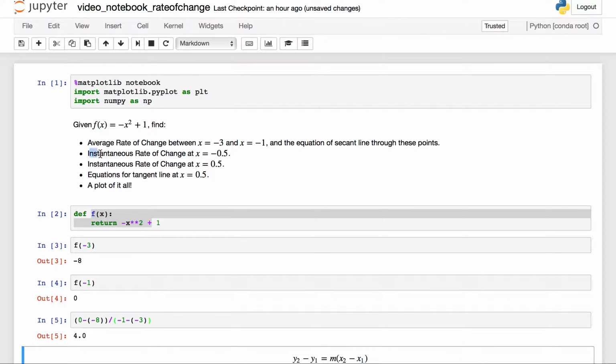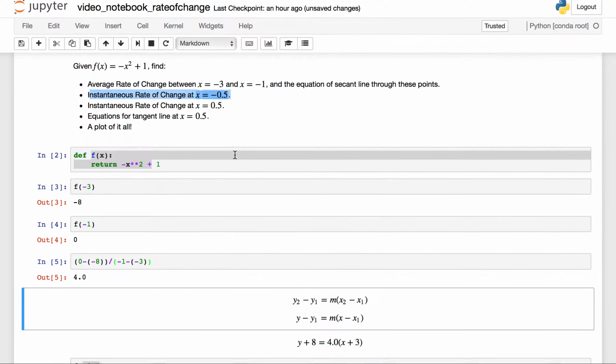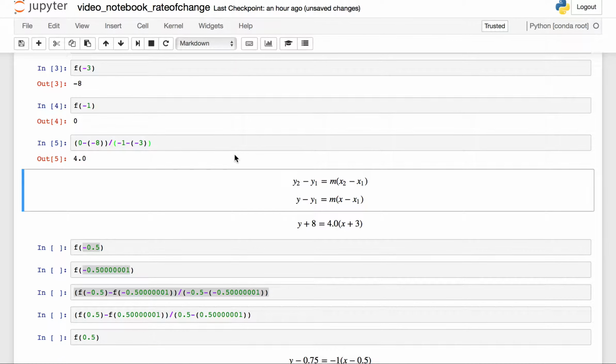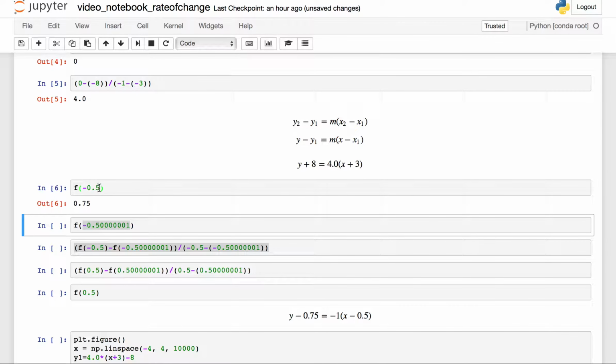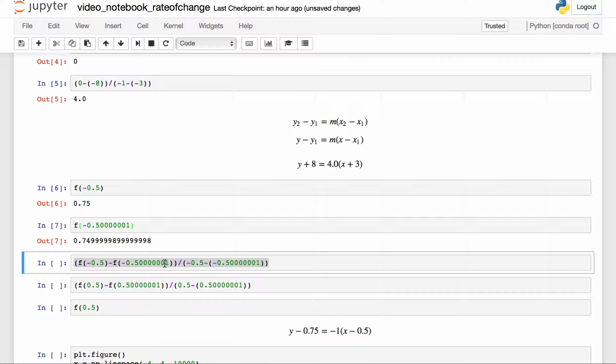Next question was the instantaneous rate of change at x equals negative 0.5. I can find this by substituting in negative 0.5, and then just like we did in class today, we can take another value very close to it, something like negative 0.5 with a bunch of zeros and then a 1. Then we can find the slope of the line between these 2 points as an approximation. All I've done is copy and paste these and pop them into the slope formula.